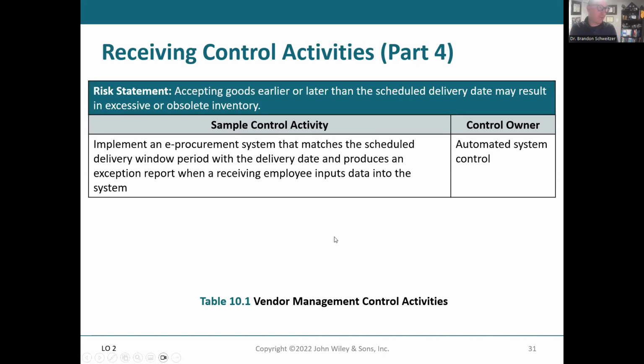And then another receiving risk is accepting goods earlier or later than the scheduled. Yeah, so this could be problematic because if you receive a delivery outside of a delivery window, oftentimes you're not going to have an employee there to appropriately receive that inventory, which might result in a loss of a receiving report.